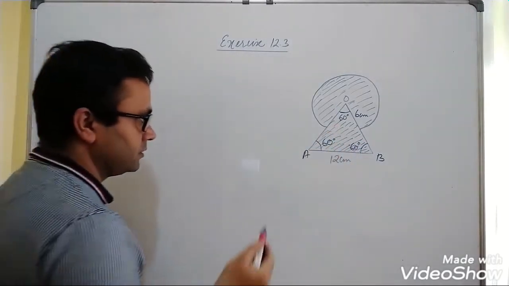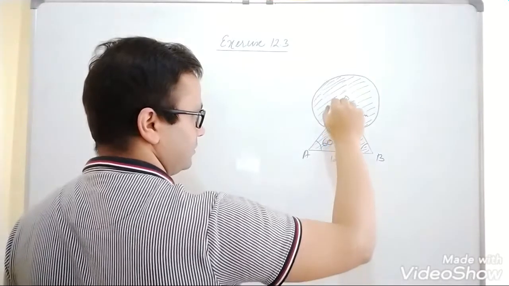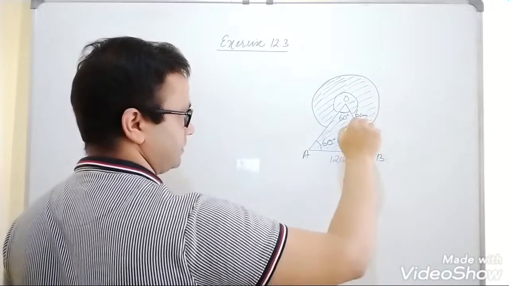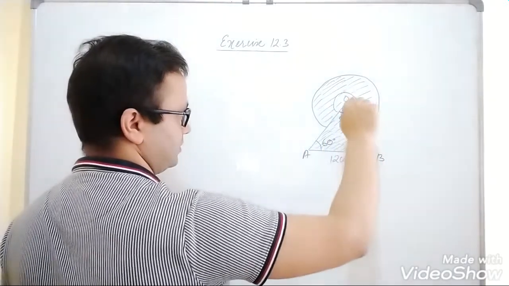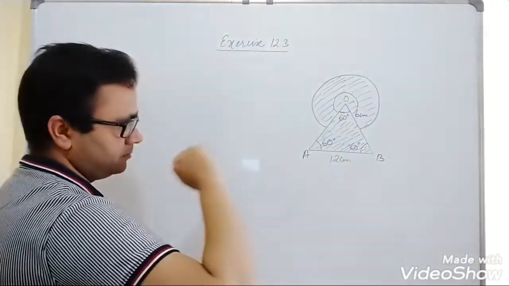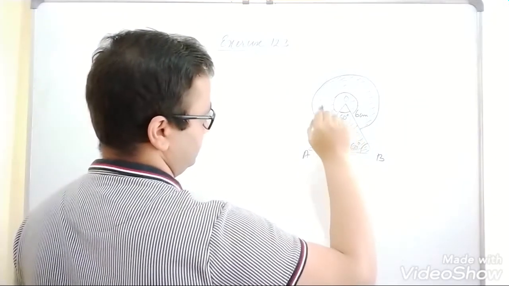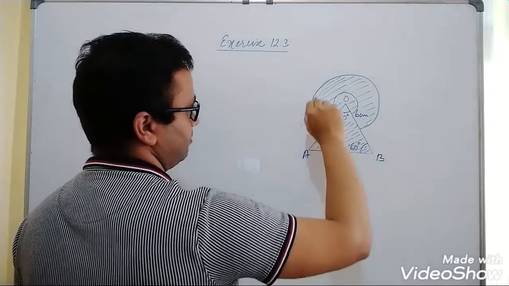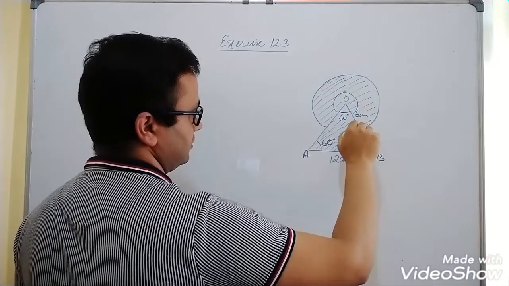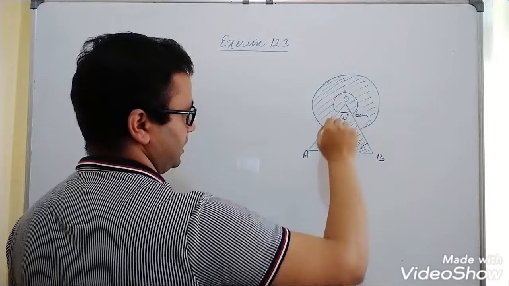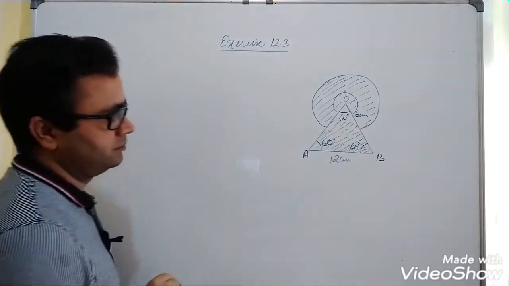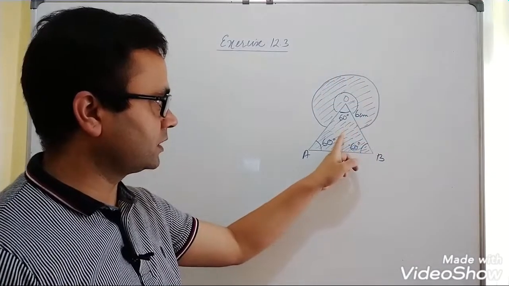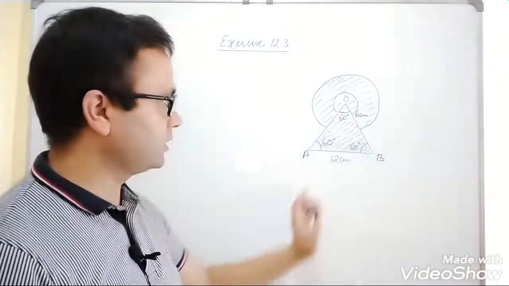After that, we will calculate the major angle, because this arc forms the major sector. For calculating the area of the shaded region, we have to add the area of the major sector plus the area of the equilateral triangle.